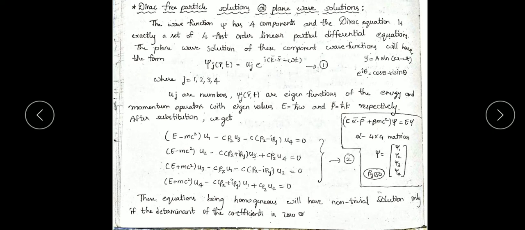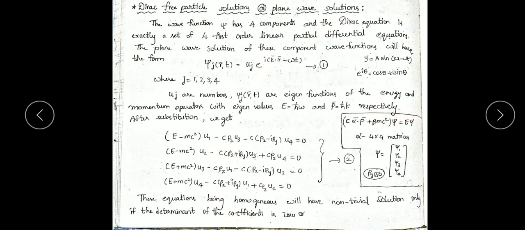Next, after substitution, we would get these four equations from c into alpha dot p plus beta m c square into psi equals E psi.